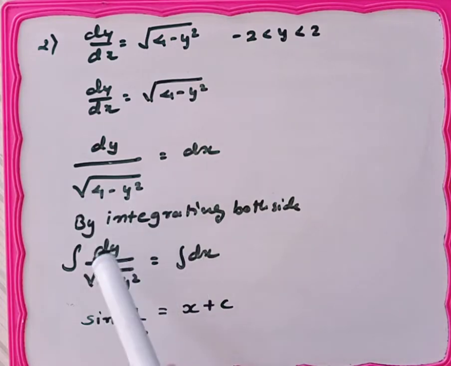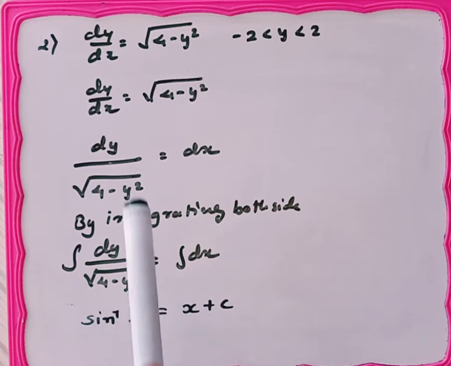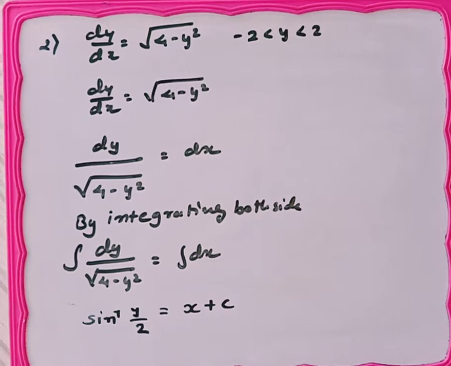So we integrate both the sides, the integration of dy by under root 4 minus y square equals the integration of dx. Now we know that the integration of 1 upon under root a square minus x square is sin inverse x by a, so here sin inverse y by 2 equals x plus c. This is the general solution for the differential equation dy by dx equals under root 4 minus y square.